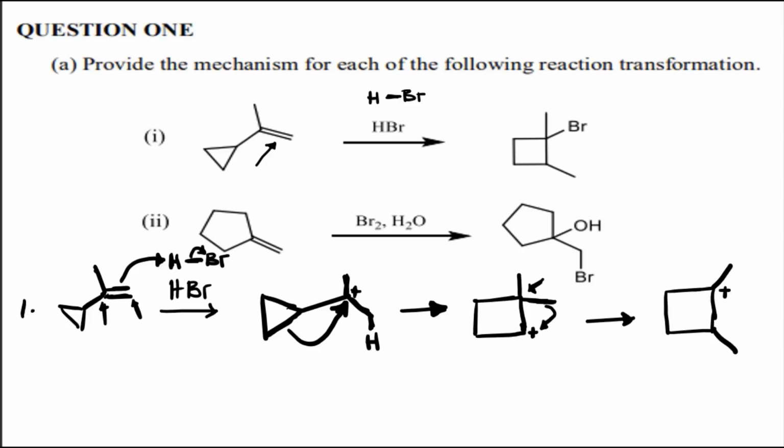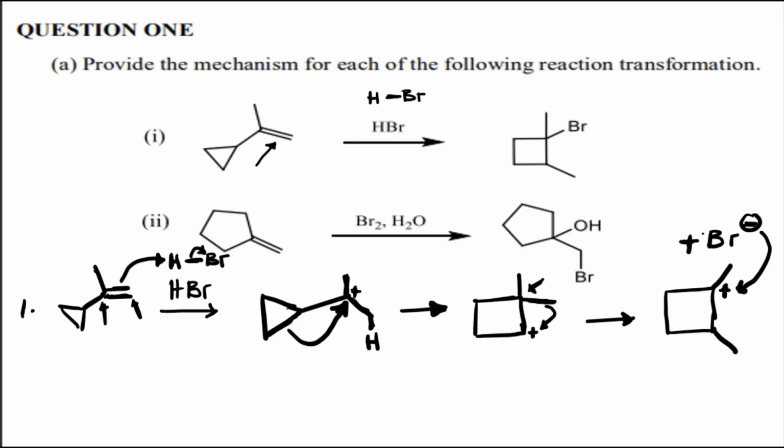Okay, and then the bromide that left in the initial steps is still in solution. It is negatively charged because it carried electrons with it when it was leaving. So this negative charge on the bromide is going to be attracted to the positive carbocation.